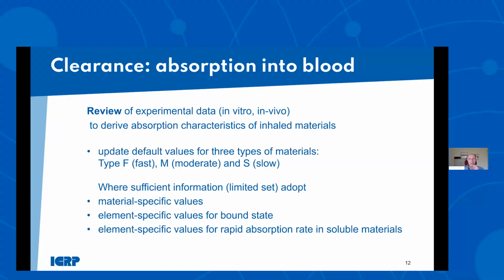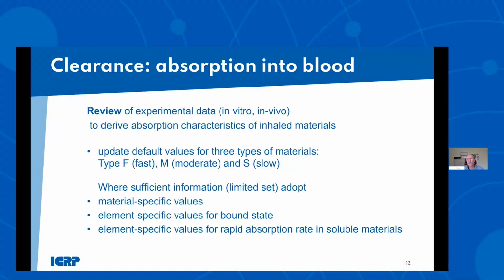This large data set of estimated parameter values has been used to select 3 sets of reference parameter values, representative of materials which we would classify as soluble, moderately soluble, and poorly soluble, or in ICRP terminology, absorption types F, M, and S, for fast, moderate, and slow.